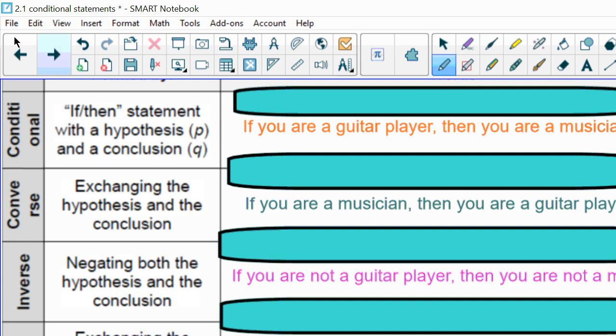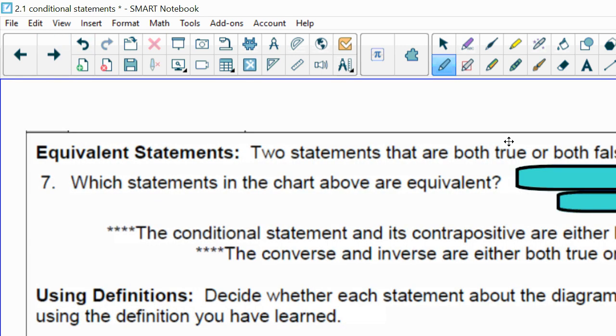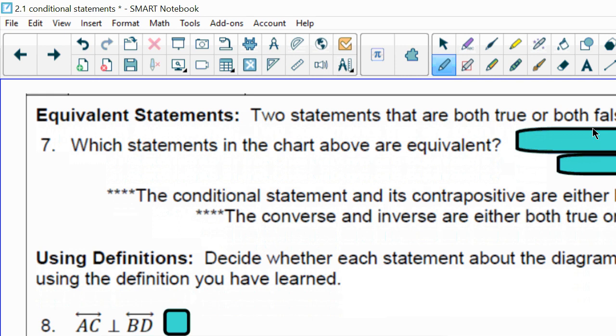All right. So if you'll notice over here, we have true, false, false, true. This is where we get into equivalent statements, okay? So two statements that are both true or both false. Notice above, the conditional and the contrapositive were both true in this case.